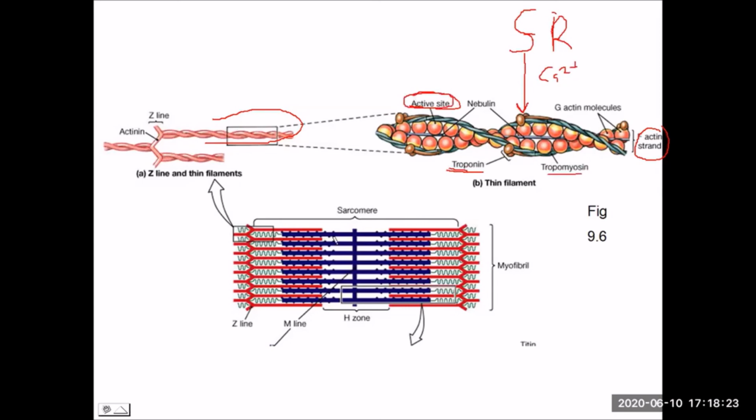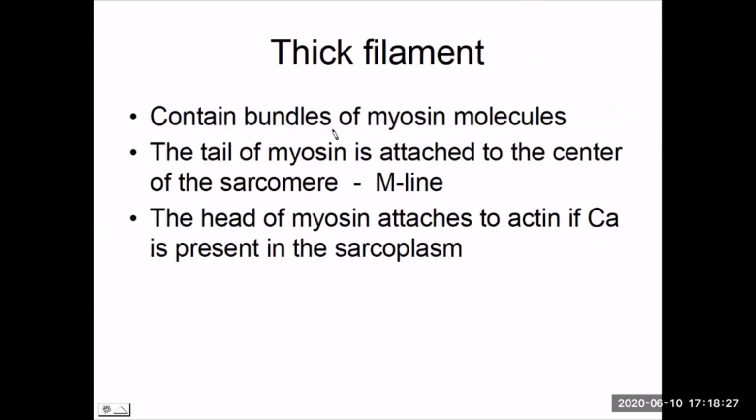And this is now where the thick myofilament comes into play. The thick myofilament, made of large bundles of myosin proteins. The myosin, as we just discussed, is connected centrally in the sarcomere to the M line. And we'll sketch that out here. The myosin itself, the side connected to the M line is known as the myosin tails.